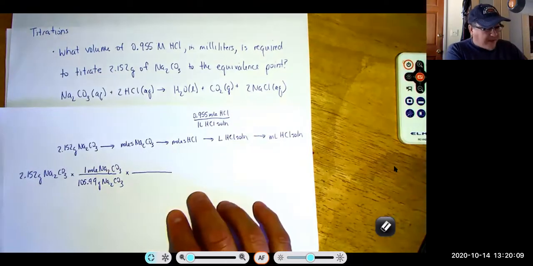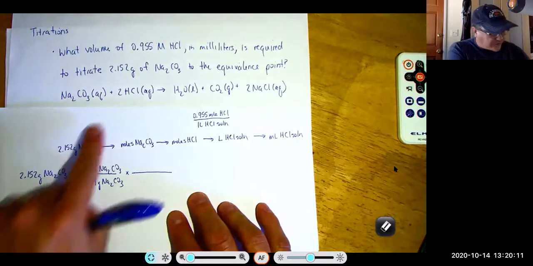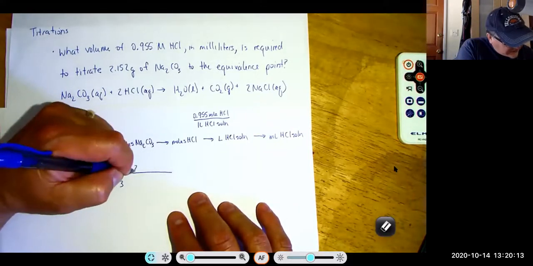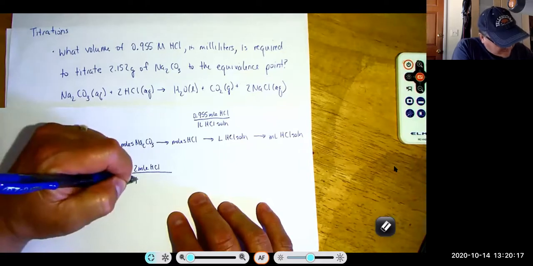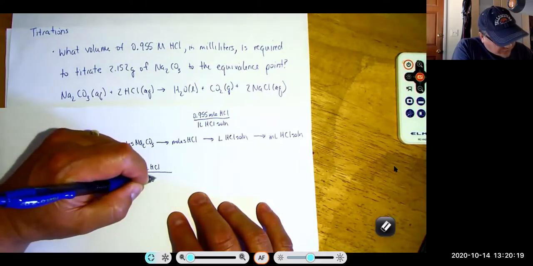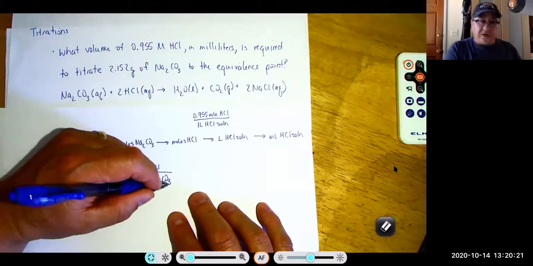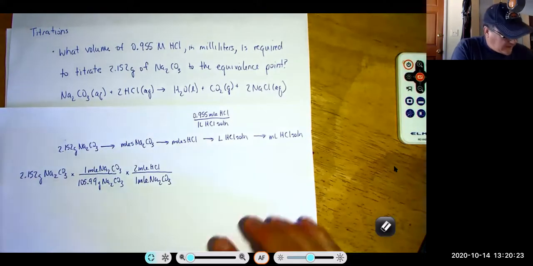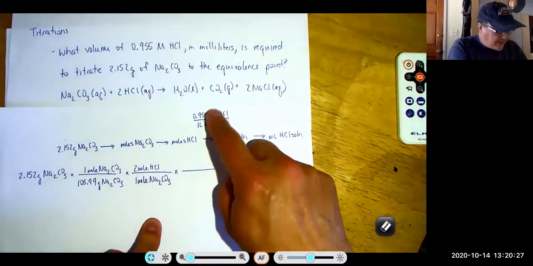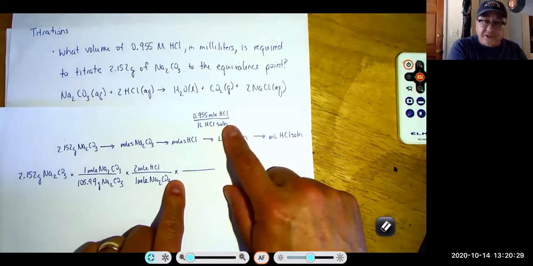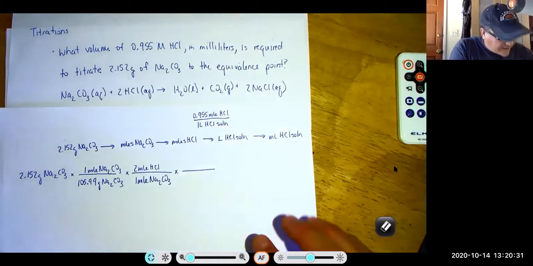And according to the balanced reaction, I have 2 moles of HCl to 1 mole of sodium carbonate. And of course, the sodium carbonate goes on the bottom. And then here, I'm going to use this concentration, but I'm going to use this concentration upside down, which is fine.